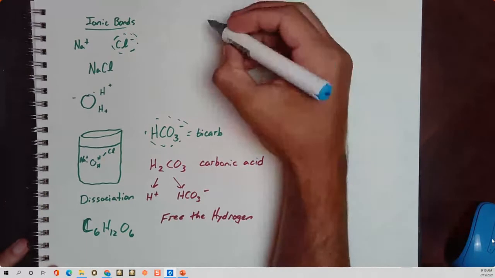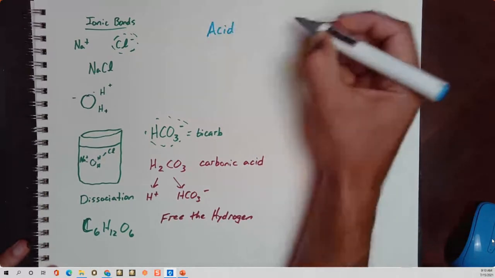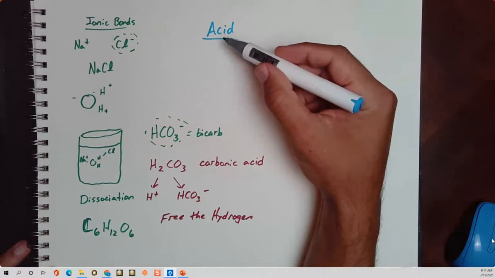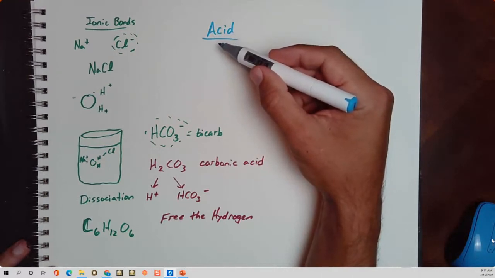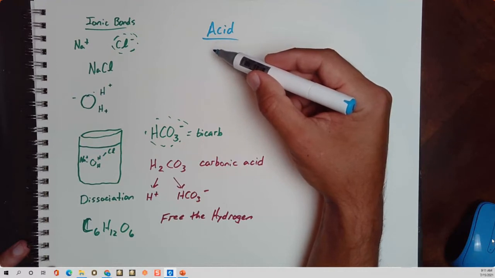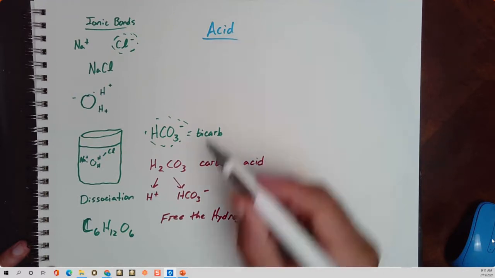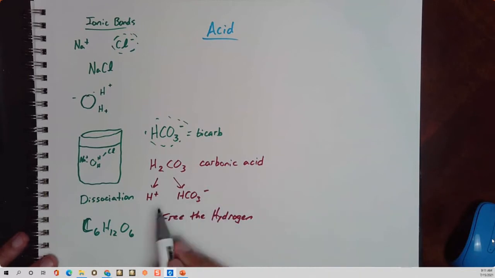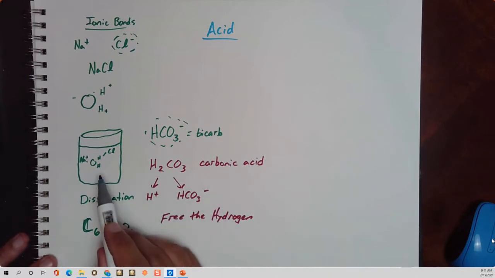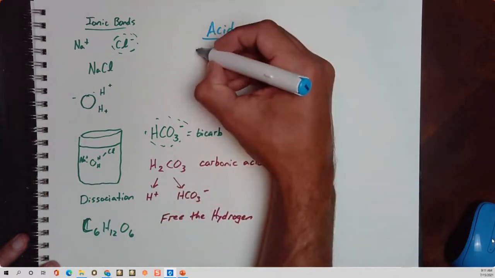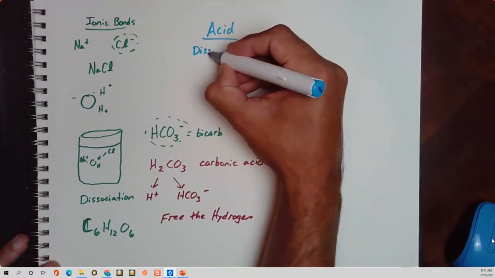Because now how we define an acid is a molecule that's a proton donor. But what does that mean? It's a molecule that can release a hydrogen into solution. Any molecule that has a hydrogen that has an ionic bond somewhere can release this hydrogen when placed in water because it will dissociate. So all acids have a dissociation.